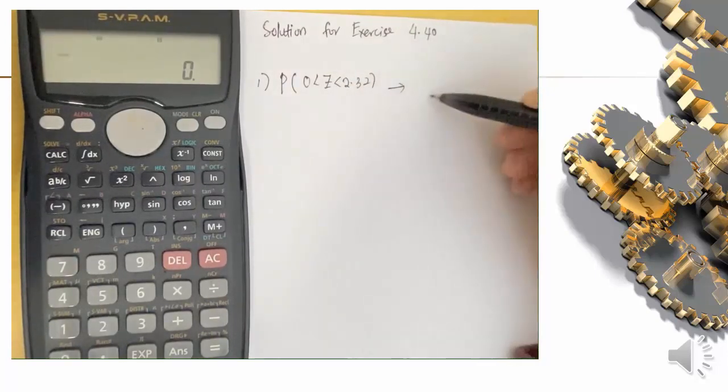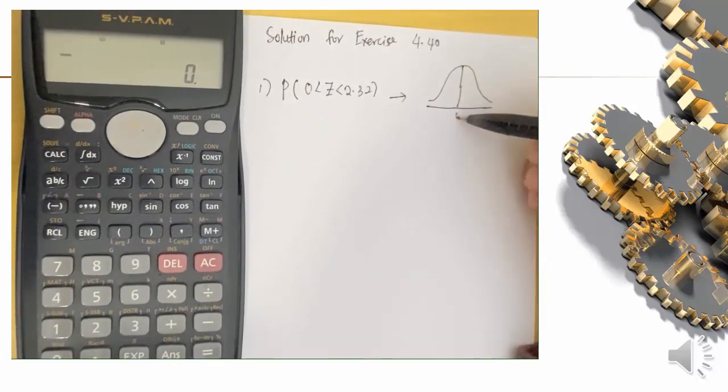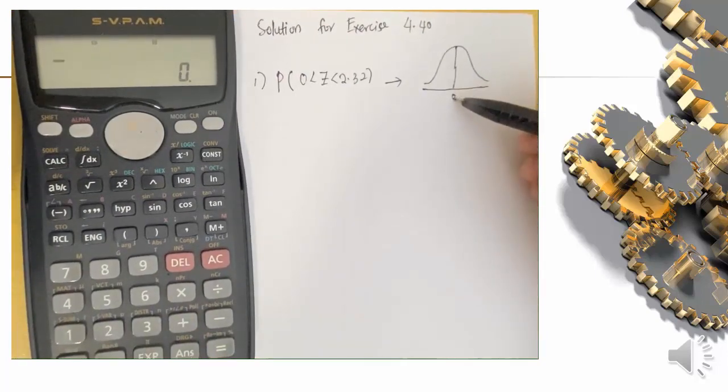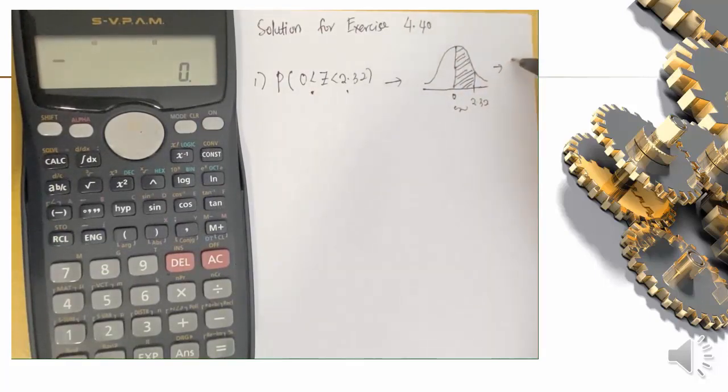When you draw the curve, we'll have a normal curve, 0 at the center, and then 0 here is positive side, 2.32. Find the probability on this area. So because it is between 0 and 2.32, we will use Q in your calculator.